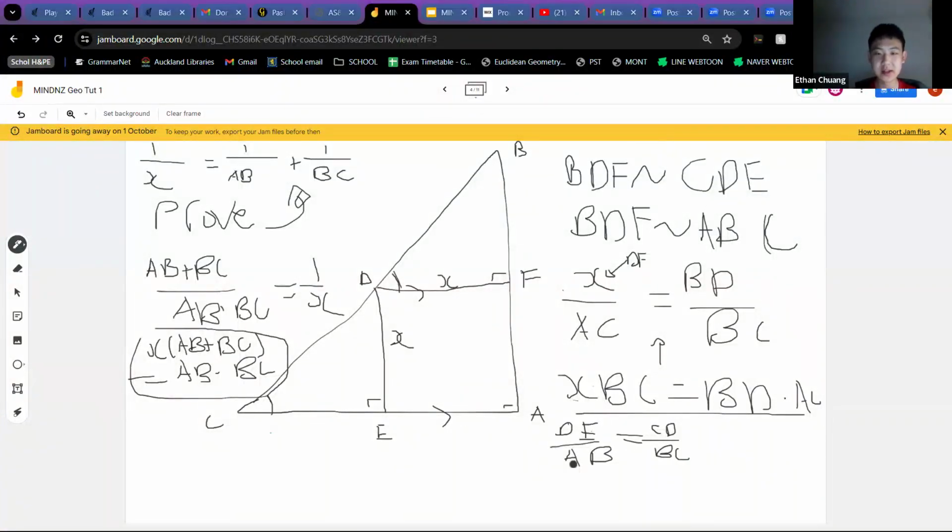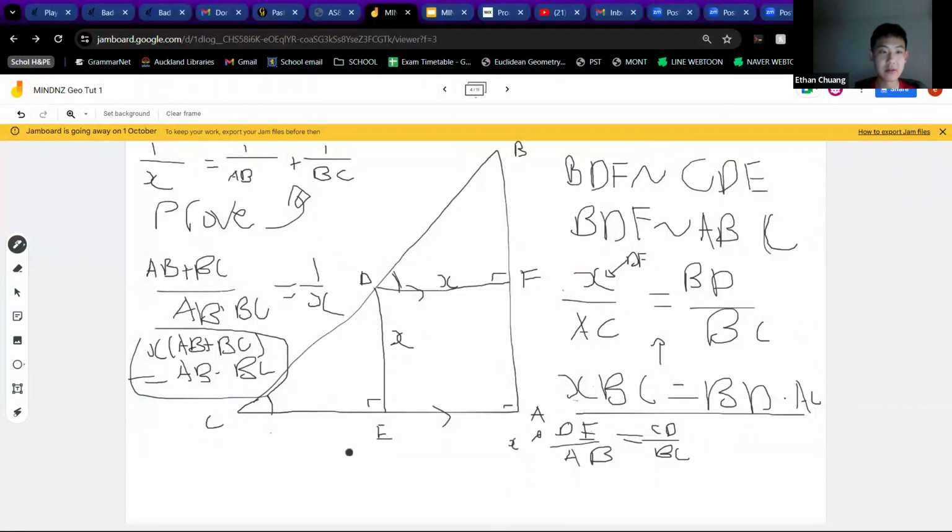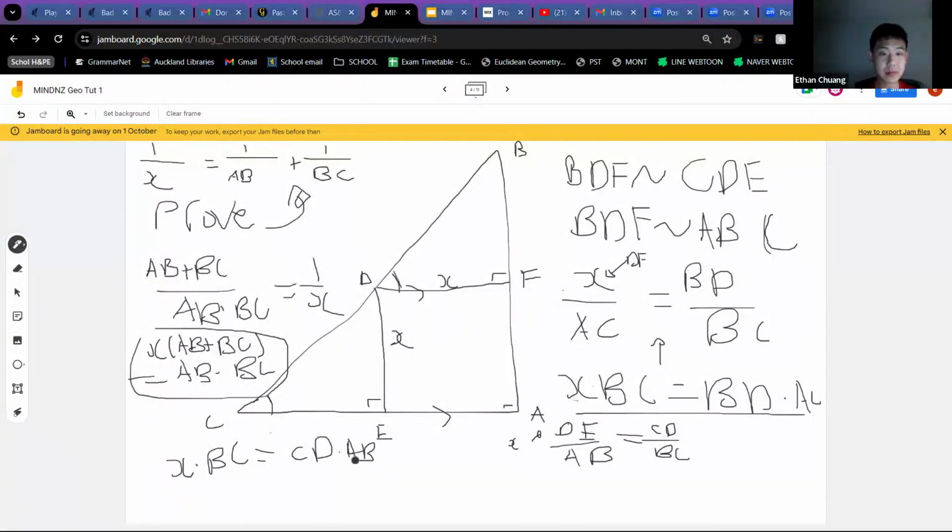Does everyone understand where I got this ratio from? DE here is X. Everyone following? So then we could just algebraically manipulate this one again. So we get X times BC equals CD times AB. Right? Wait, no. Oh, wait, this is right, yeah.